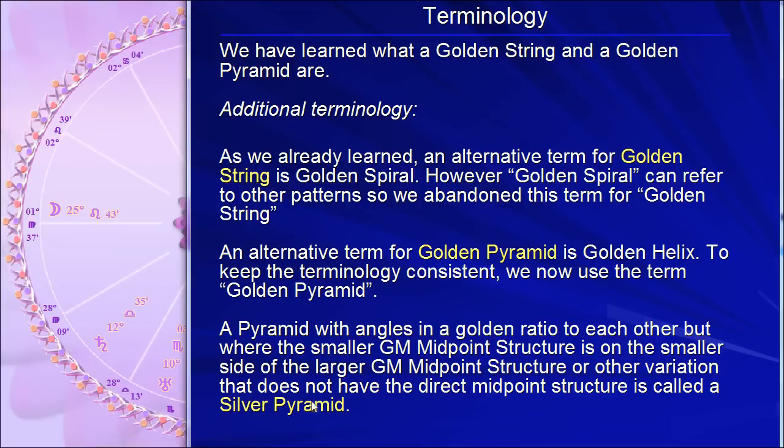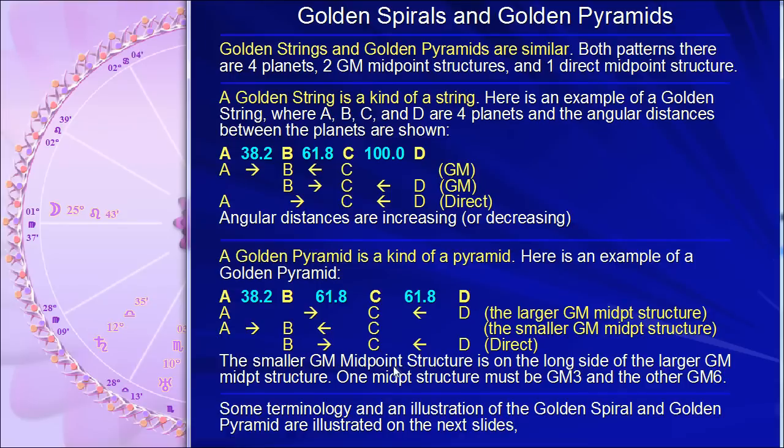And also there's something called a silver pyramid. A silver pyramid, let me go back to the previous slide, is the same as a golden pyramid, but this midpoint structure, for example, could be a GM6, just like the larger one. Then you don't get the 2 golden mean midpoint structures and direct midpoint structure. You don't get all of that, so it's a little bit weaker.